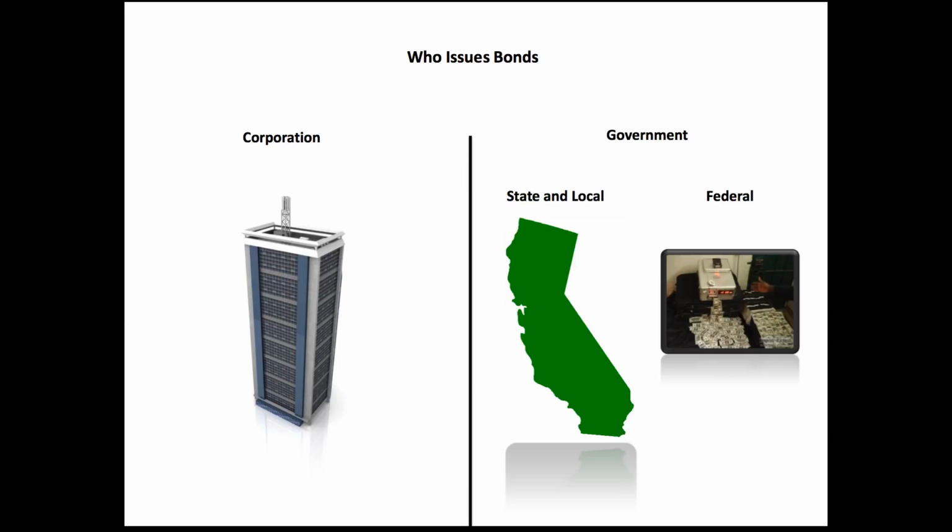They'll go to the bank. The bank will look at the capability that the government actually has to repay the bond. When you get into the state and local level, they don't have the luxury of the federal level, which can just print more money, because they don't have state dollars or local dollars. They're using federal dollars.